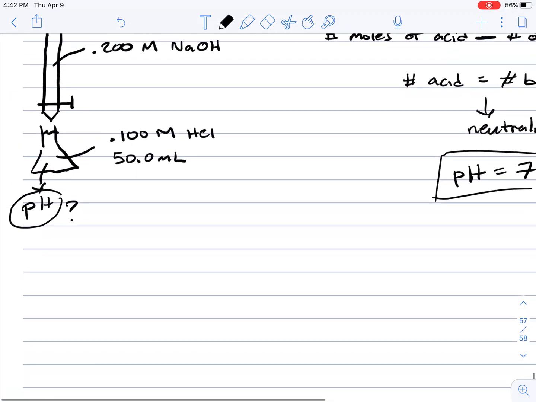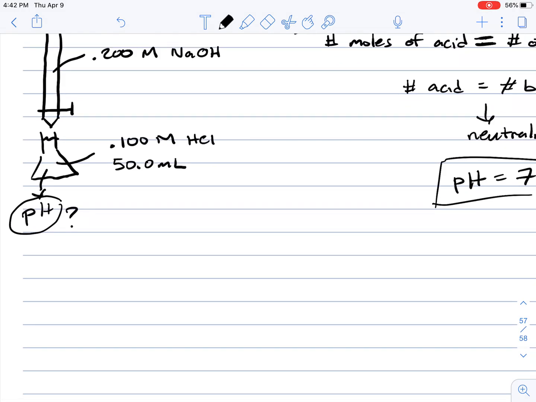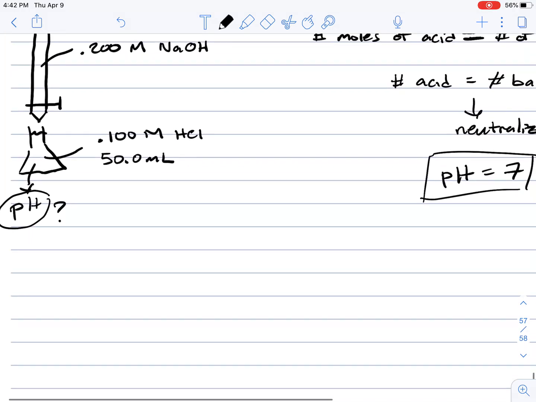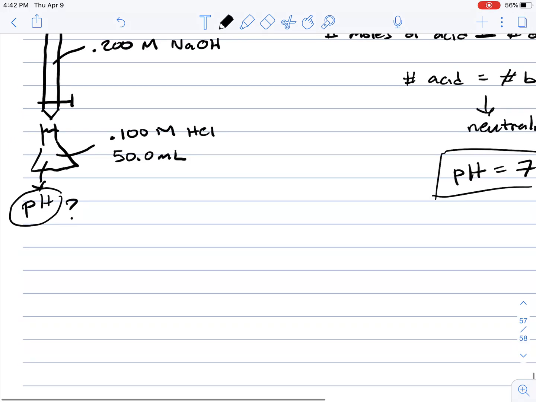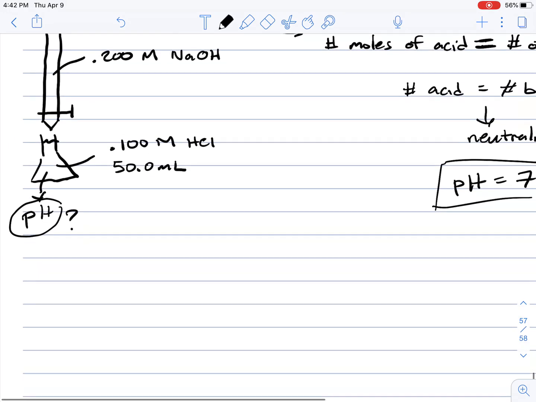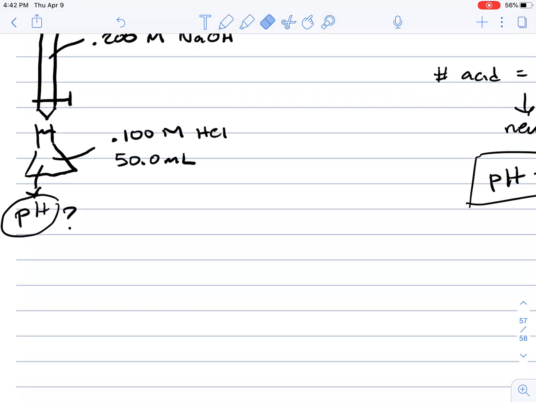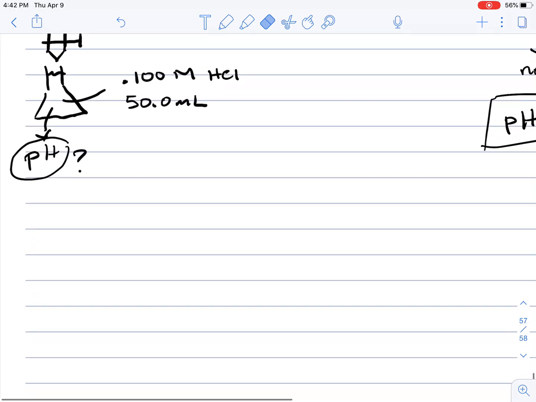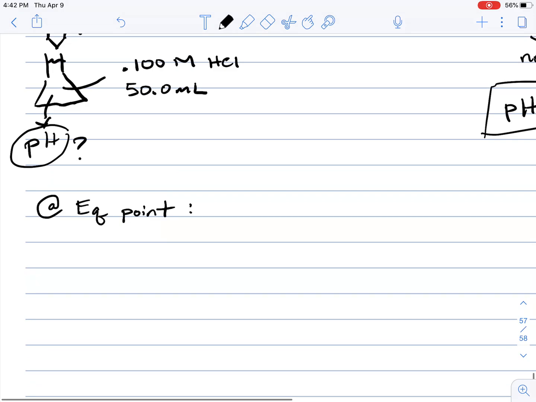Okay. And what we're going to do is use one of the equations that I've mentioned a little bit earlier. Not in this lecture video, but in the previous lecture video. And so we're going to take a look at this equation. I'll write this bigger. So remember, at the equivalence point, we can use this equation.